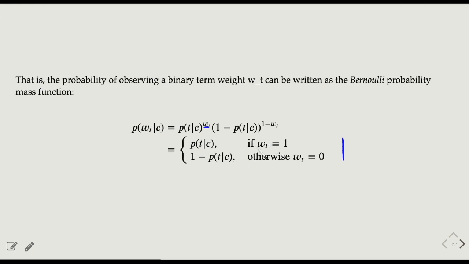So when Wt is 1, this is Pt, the probability of the term to appear. And when Wt is 0, it is the probability 1 minus Pt, which is the probability that this term will not occur. So this is a very simple function to look at both ways, to appear versus not to appear.